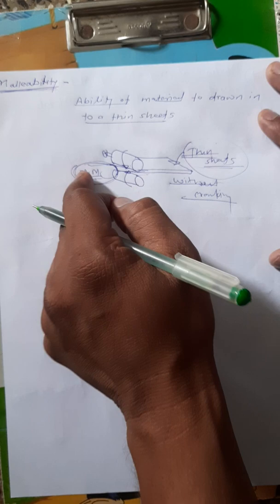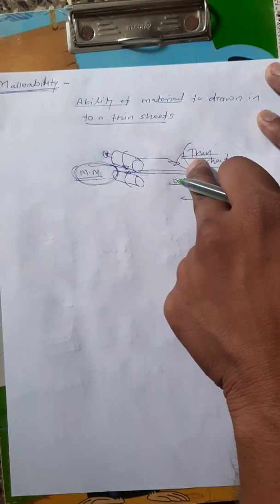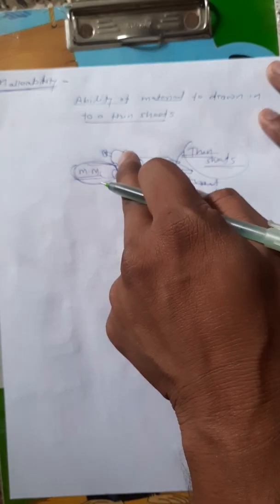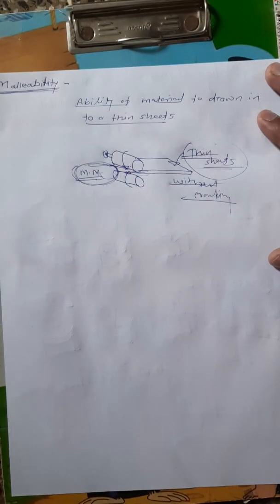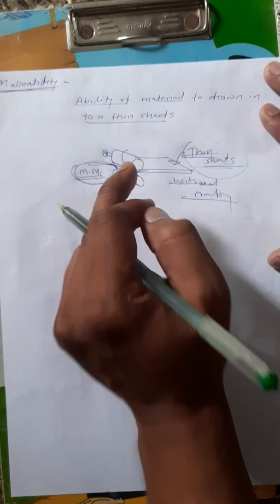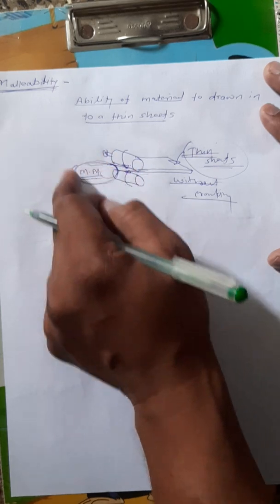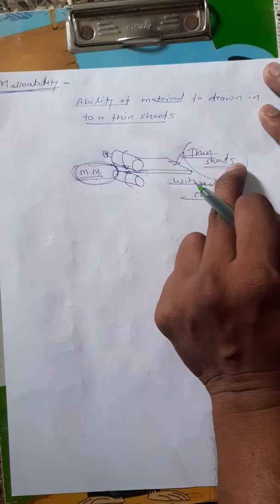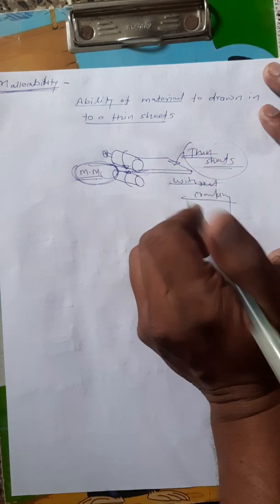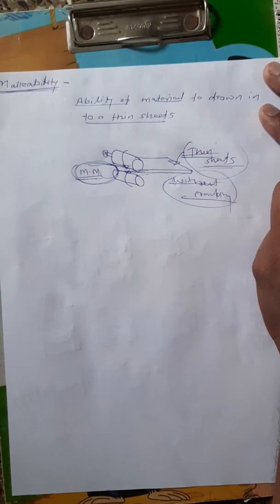By which process? The compressing process, roller compression process, the rolling process. Under the rolling process, the malleable material comes out as a thin sheet without failure, without cracking.